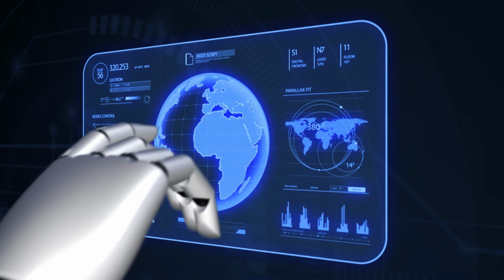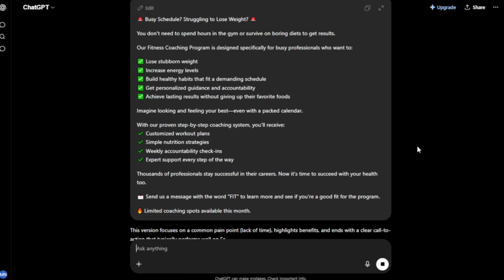And that's it. In just a few minutes, you have used AI to create ad copy, generate professional visuals, and build multiple Facebook ad variations ready for testing. The reason this method works so well is simple. AI removes the slowest part of advertising, the creating.